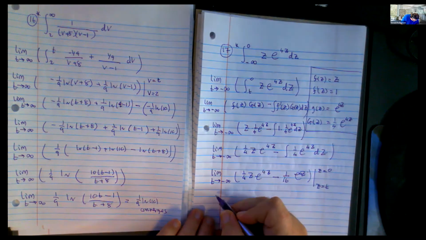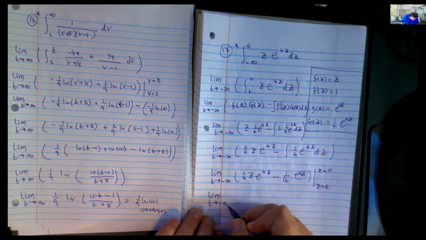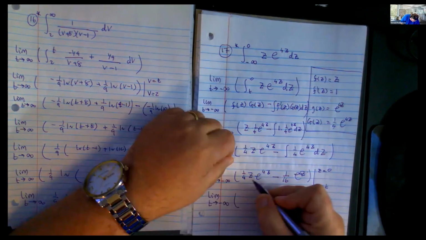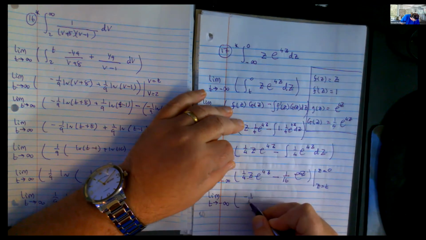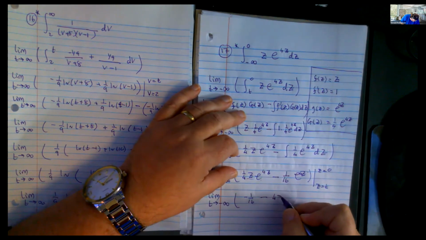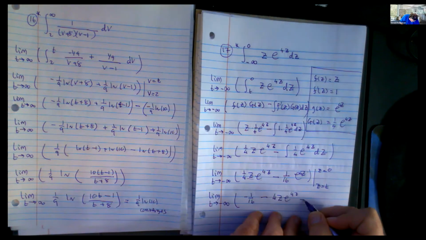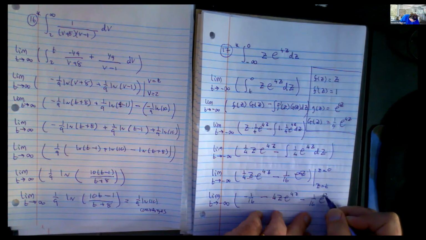Let's see what we get. Plug this guy in here and you get basically 0. Plug it in here, you get e to the 0, which is 1. So you get negative 1/16. Take away 4z e to the 4z, take away 1/16 e to the 4z, and what am I doing?